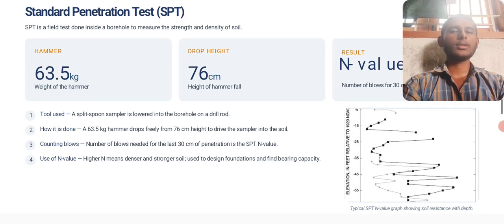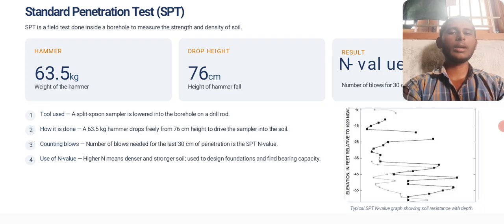Tools used: a split spoon sampler is lowered into a borehole on a drill rod, and a 63.5 kg hammer drops freely from 76 centimeter height to drive the sample into the soil.